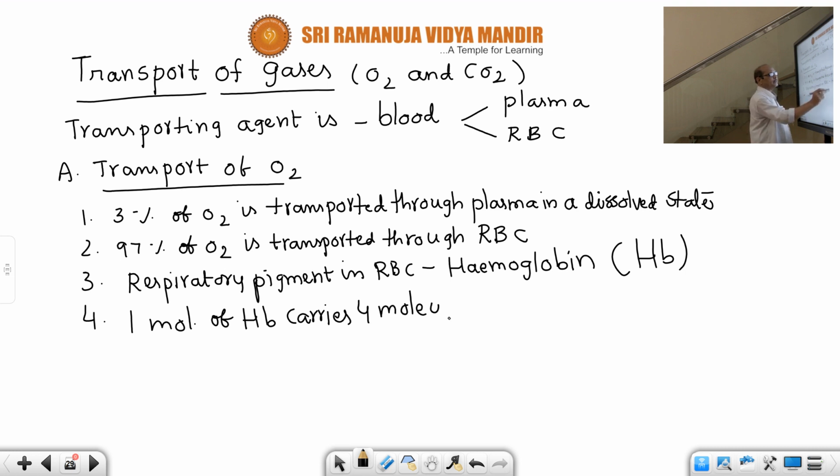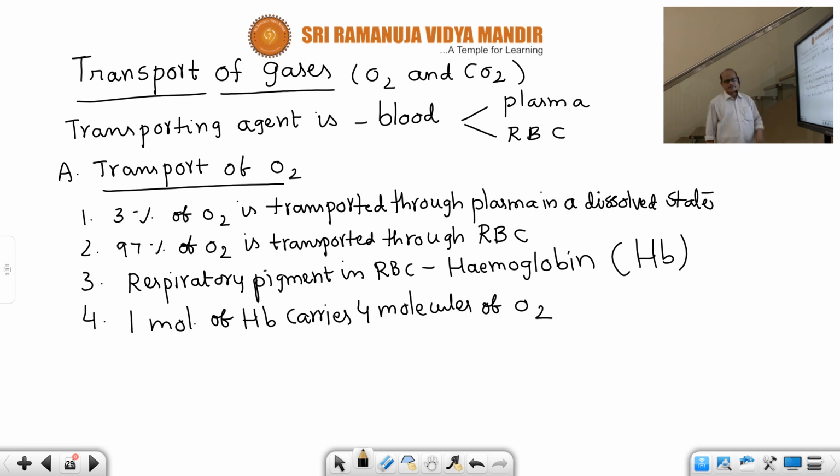You remember this point. It binds with the iron containing part of the hemoglobin. Heme is the iron containing part to which the oxygen is binding. So 4 molecules of O2. One molecule of hemoglobin carries 4 molecules of O2.